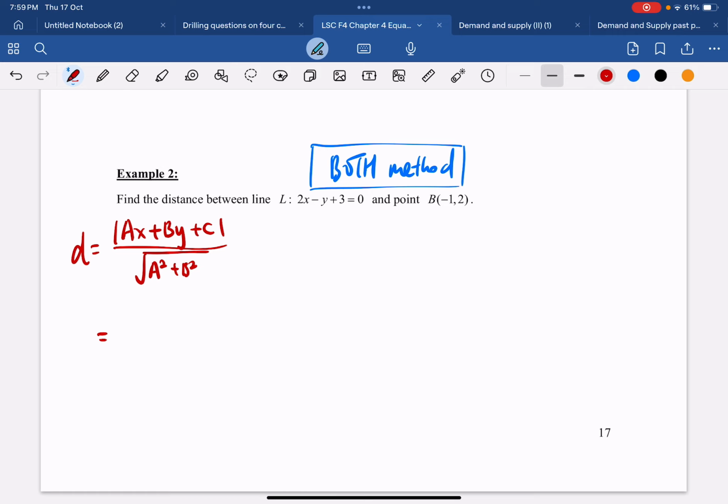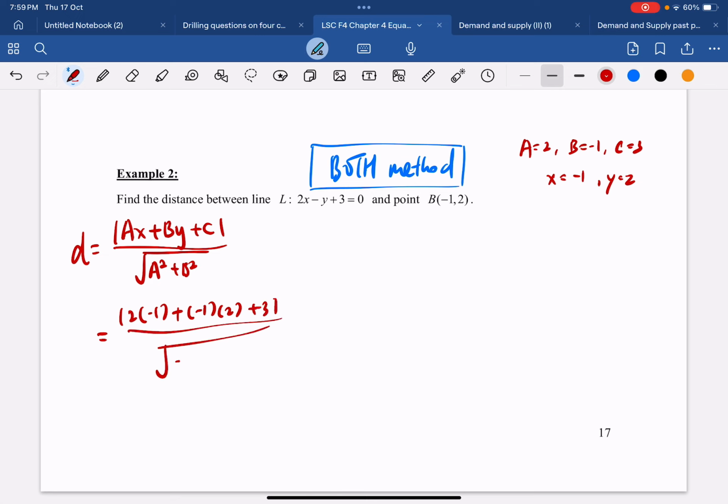So a is 2, b would be -1, c would be 3, x would be -1, y is 2. Okay? So just plug in the numbers. And then let me see what the required distance is.